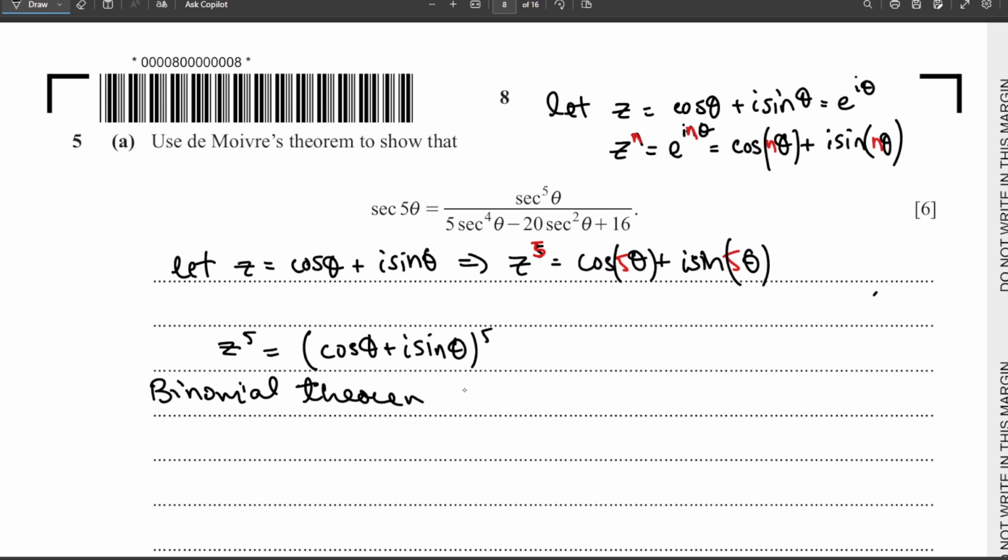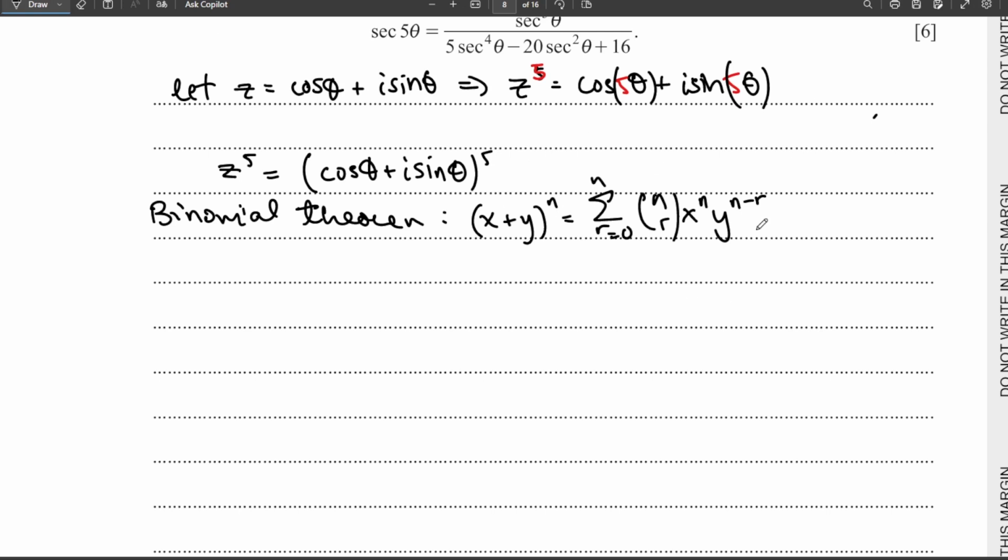Where you have x plus y to the power of n, there will be the sum of r equals 0 to n of n choose r, x power n minus r multiplied by y power r. So this is the binomial theorem formula.